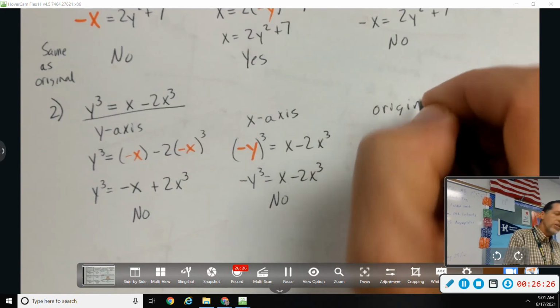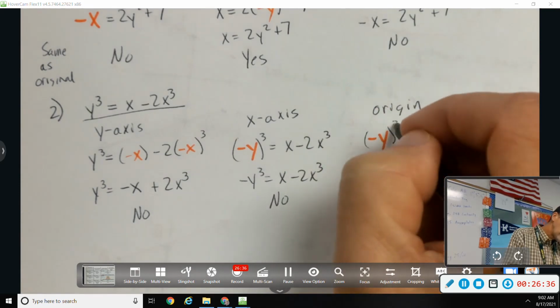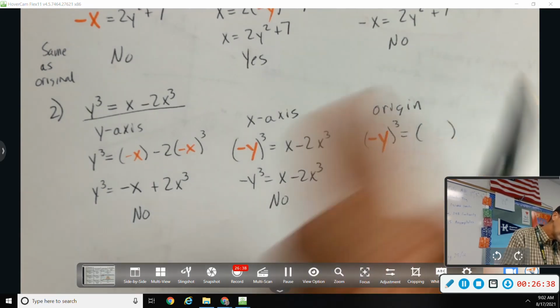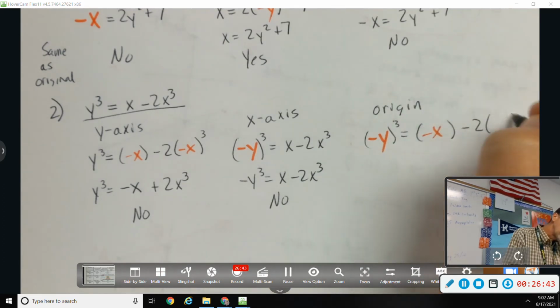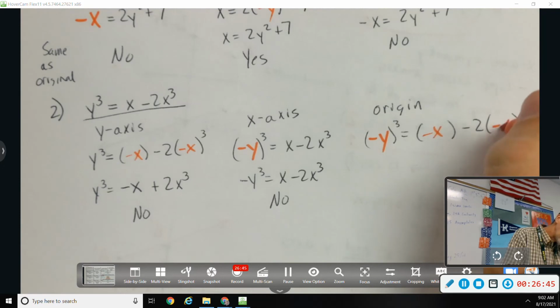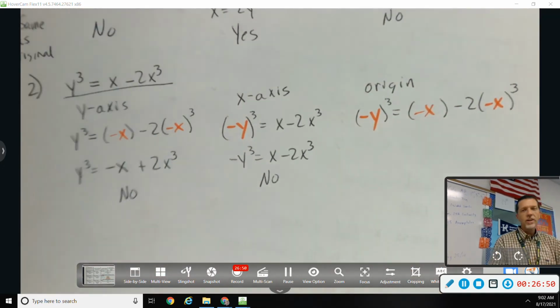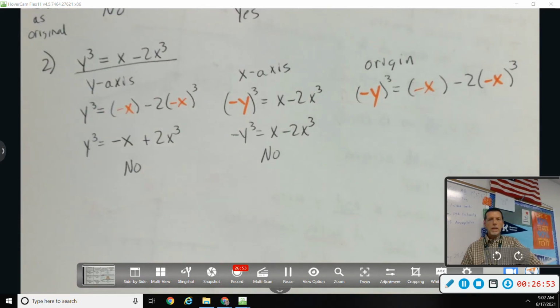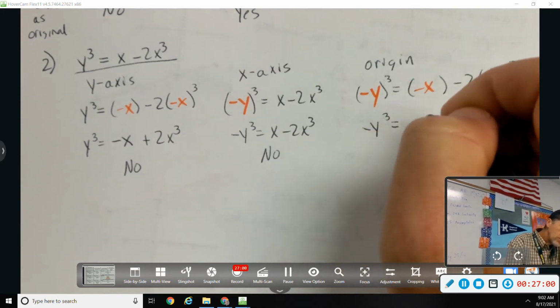Let's try the origin. This feels futile because we're 0 for 2 here. So negative y cubed equals negative x, because I'm replacing both of them, minus 2 negative x cubed. I'm going to be real careful here. I got negatives all over the place. All right, if I cube negative y, we get negative y cubed equals negative x.